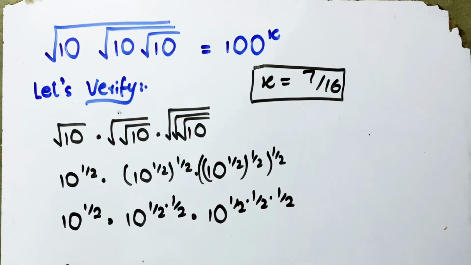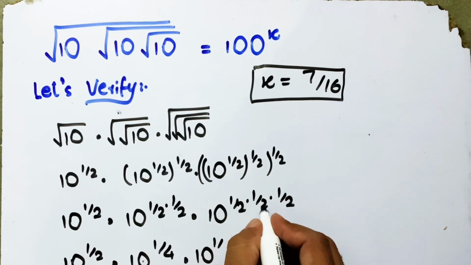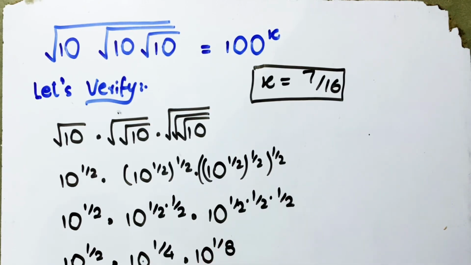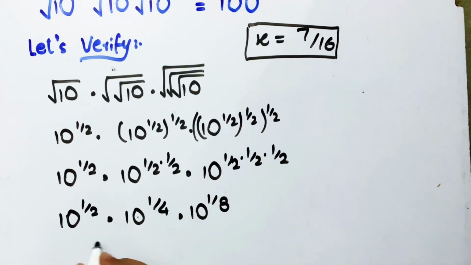So the exponents are 1 by 2, 1 by 4, and 1 by 8. Since the bases are the same, the powers are added: 1 by 2 plus 1 by 4 plus 1 by 8.